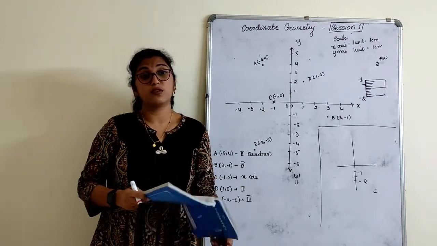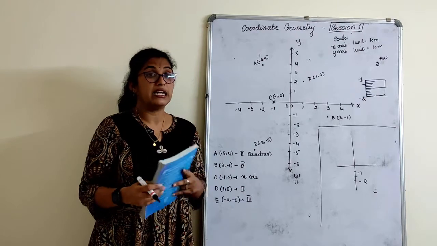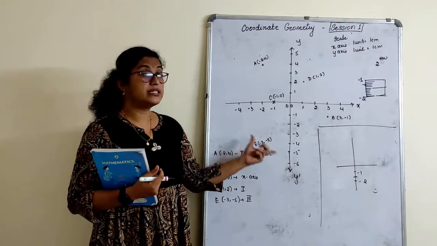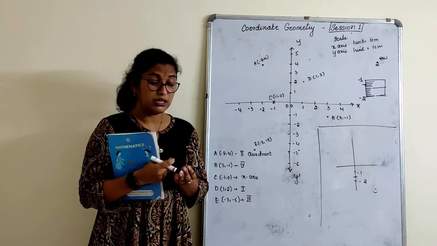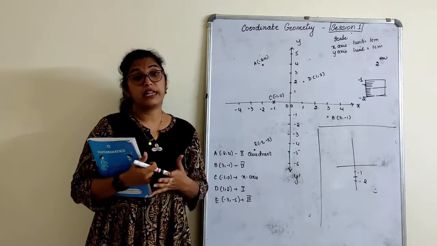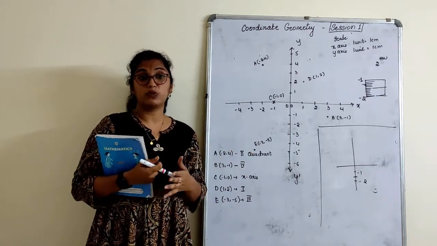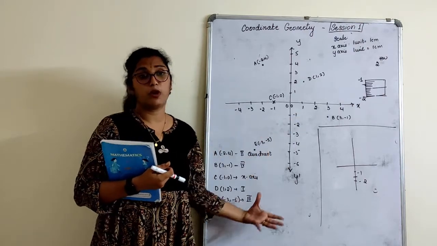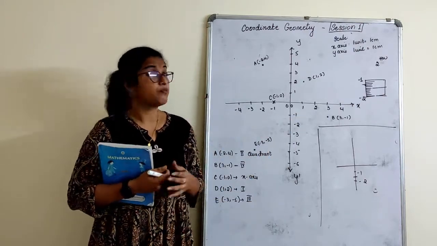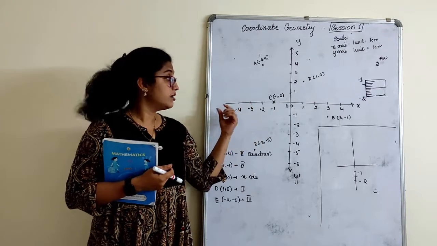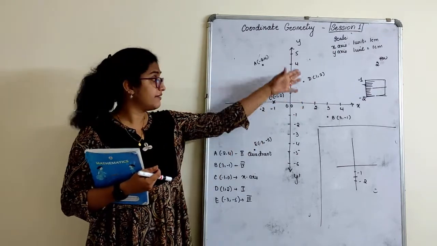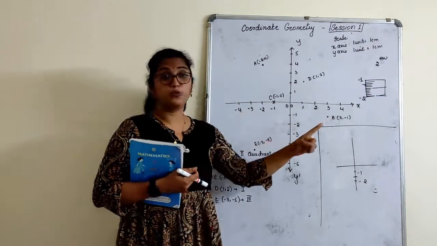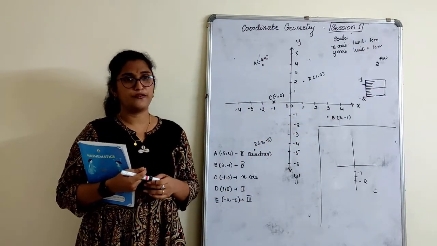What's there in coordinate geometry is to understand how to plot the points in the Cartesian plane. That is more important, because once you learn it, later when we have to plot points in linear equations, or in your 10th standard when we plot the graph, it will be easy for you. The only thing you have to learn is to count the axis, count the numbers in the given axis, from which point to which point, how many numbers, all those things you have to learn here.